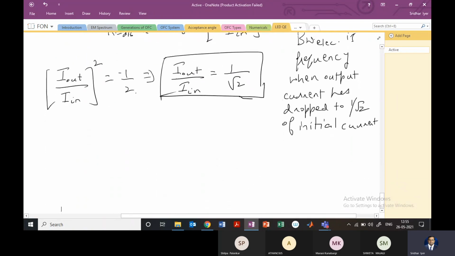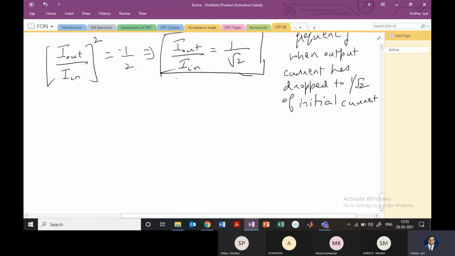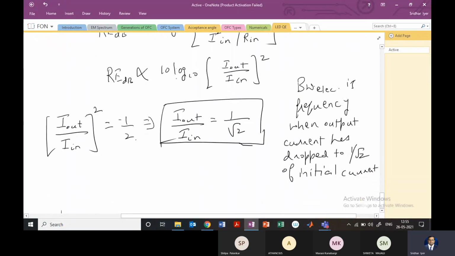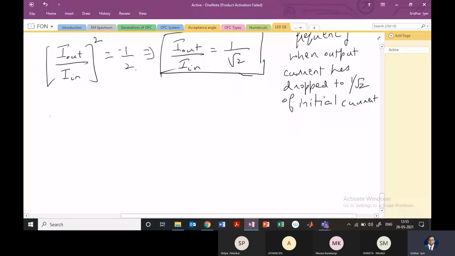Now let's see what happens in the optical domain. I'm going to follow the same notation. We have called electrical bandwidth R_E dB, which is electrical. So for the optical bandwidth, I'm going to call this R_O.